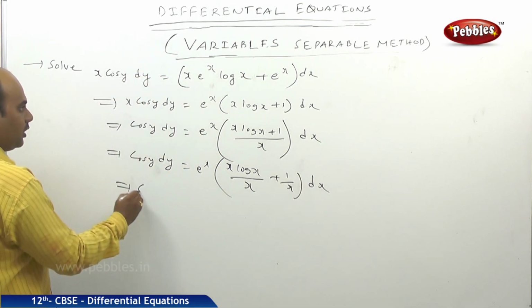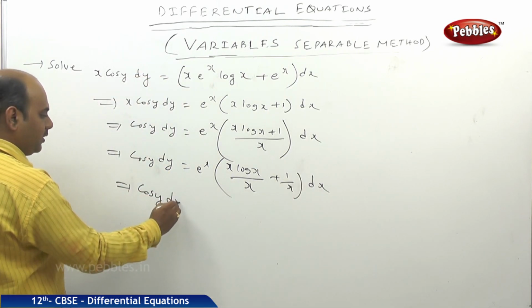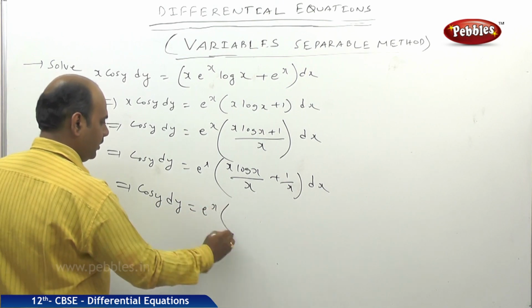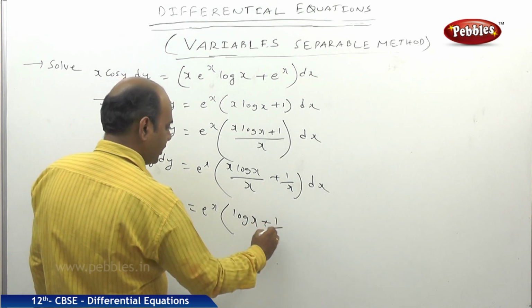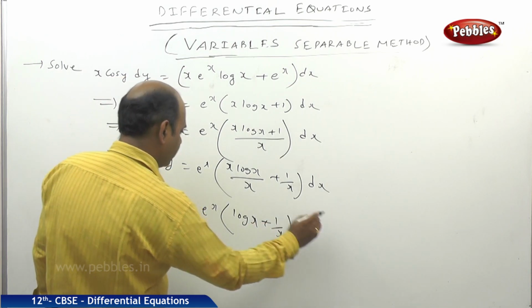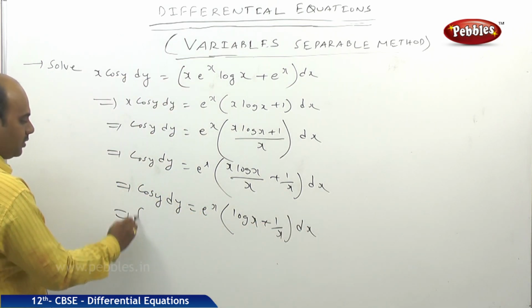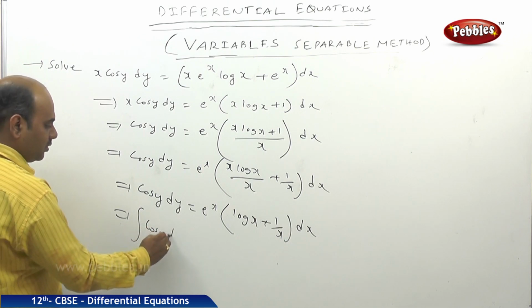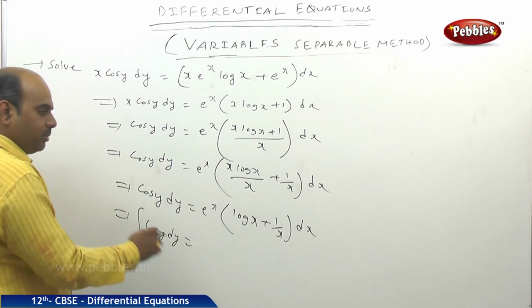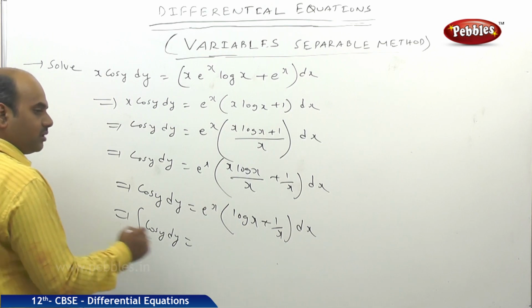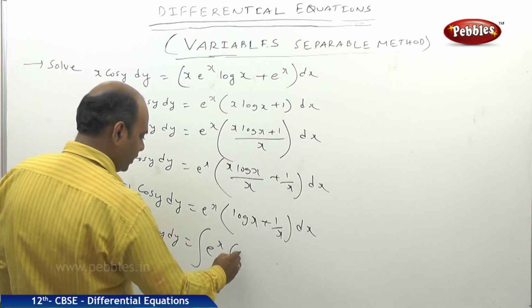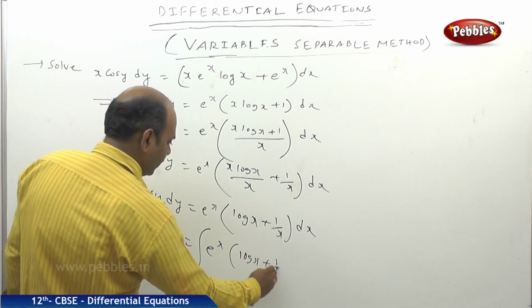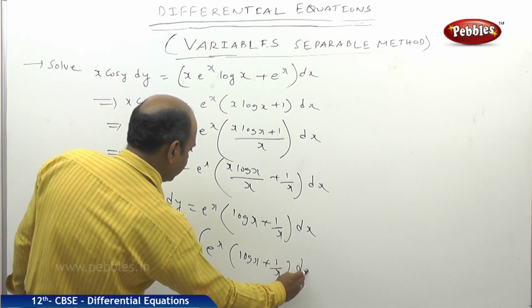The x's get cancelled, so this becomes log x plus 1 by x dx. So integral of cos y dy is equal to, because the variables have been separated, x terms to x, y terms to y, the integral of e power x into log x plus 1 by x dx.